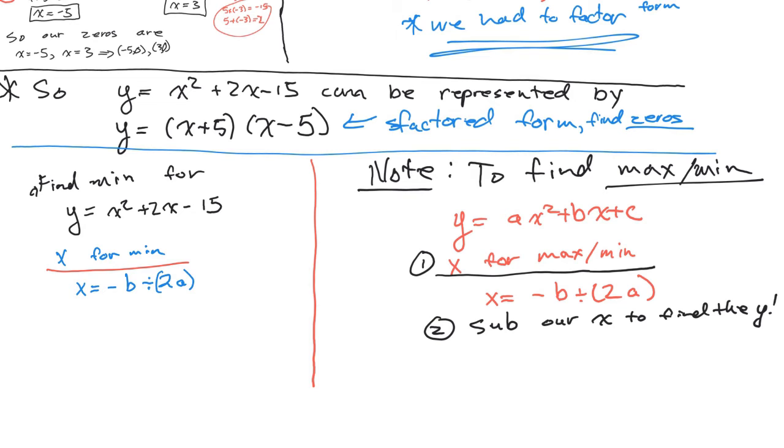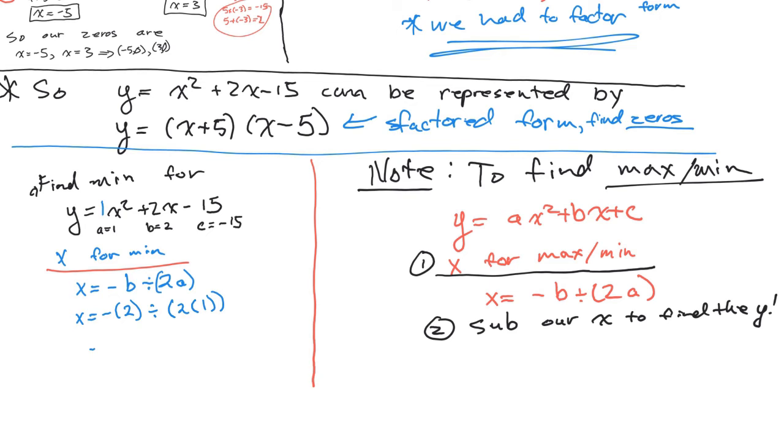In our original equation, there was a 1 in front of our x squared term because there's nothing there. So our a value is equal to 1, our b value is equal to 2, and our c value is equal to negative 15. All we care about is plugging that into our equation. So x is equal to negative b, which is 2, divided by 2 times 1.